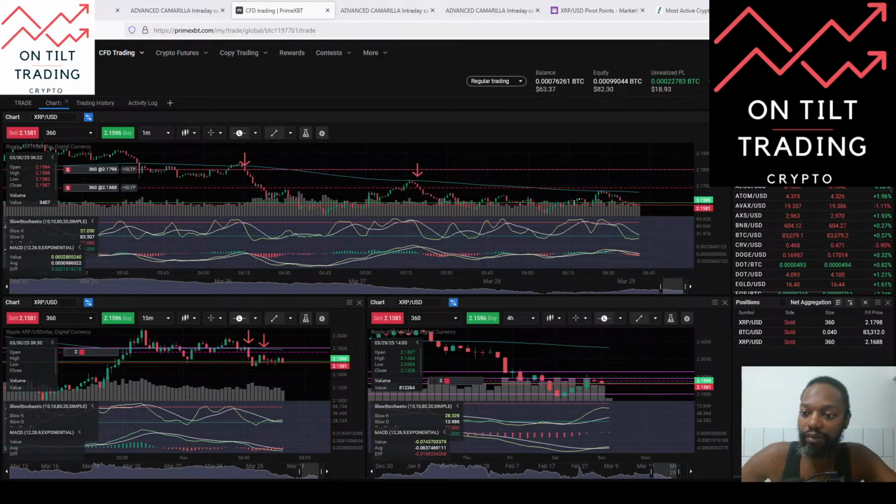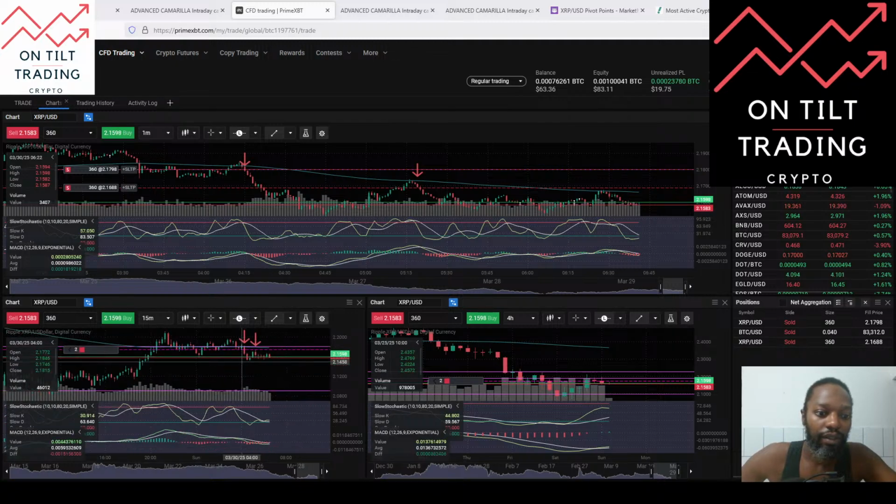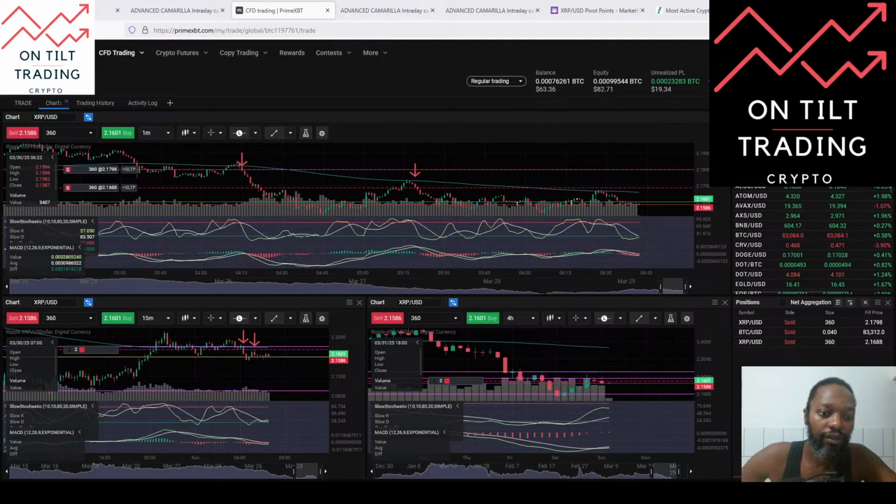Actually, I'll zoom out and we'll pull up the trade idea on the 15-minute where we can see it more clearly. Here's R3. Here's S3. This is the target for this trade idea. This is an R3 to an S3 traverse. If it works out.